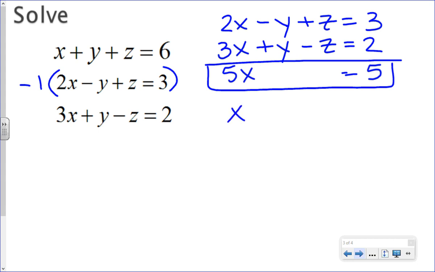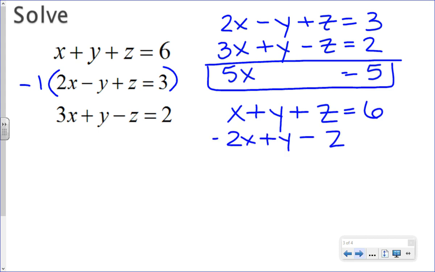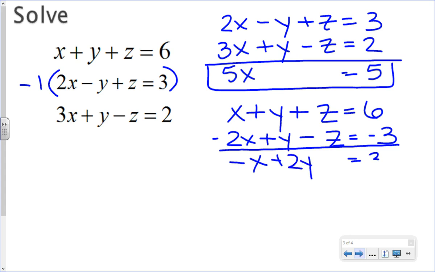So we can take the first equation, x plus y plus z equals 6, and -2x plus y minus z equals -3. Okay. So -x plus 2y equals 3.